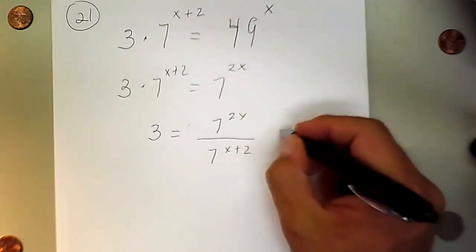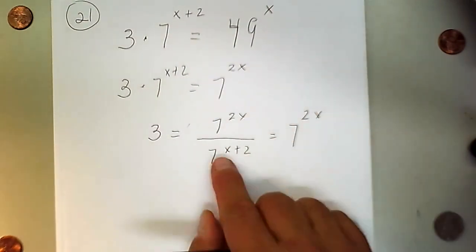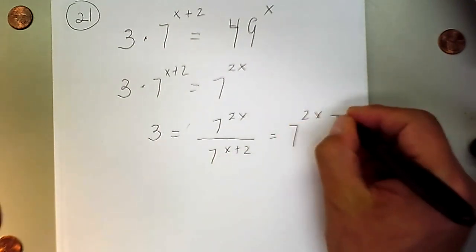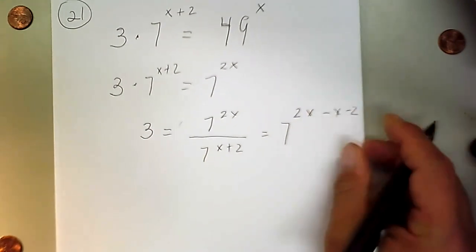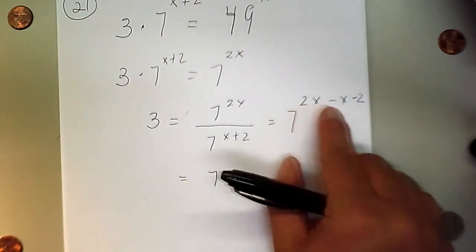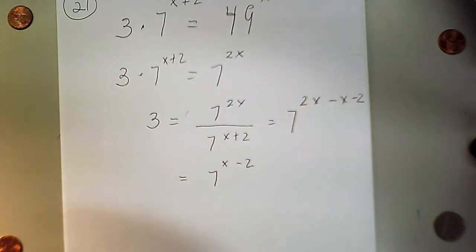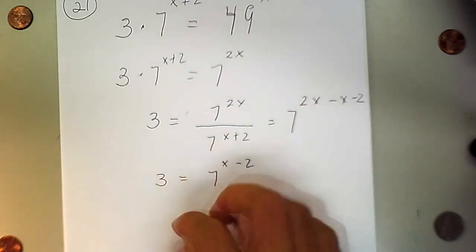And you guys know how to do the division. We subtract the exponent. So 2x minus x minus 2. Okay. And that is equal to 7 to the 2x minus x, which is x, and keep the minus 2. Okay, so we have 3 equals that.